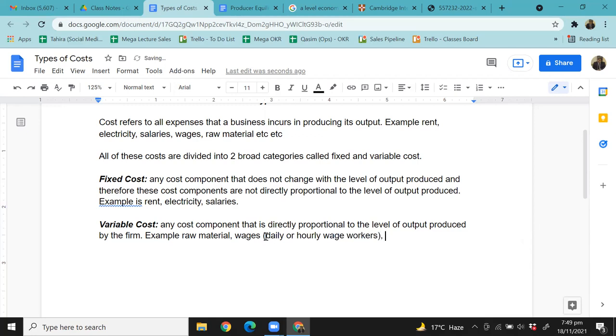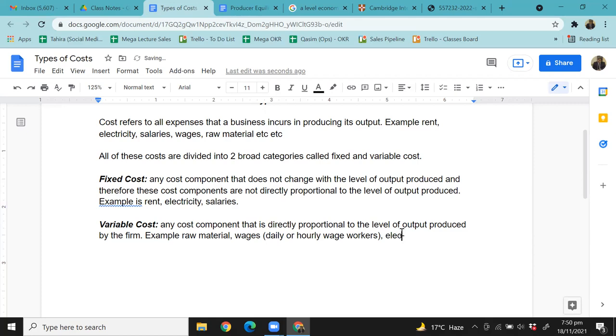There could be some other things as well. Depending upon the exact nature of the business, we would have to look at whether it's a variable cost or a fixed cost. Electricity in some cases can be variable. This is where it gets tricky and complicated.